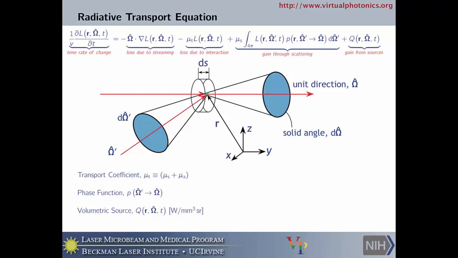I've multiplied this by 1 over v, which is the velocity of light in the system, mostly just for compactness. Perhaps a better way of writing this is actually putting the velocity in front of each of these terms here, because this is a rate. So photons are never stationary, they're always moving. And so all of these are rates, and the rate is given by the speed of light.